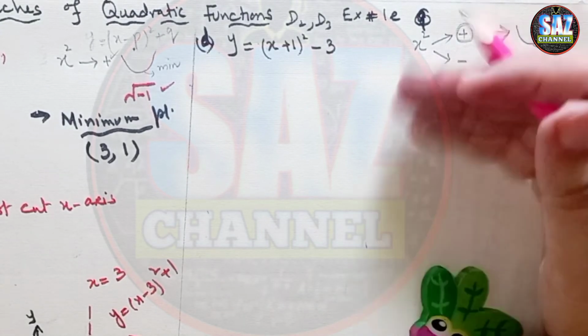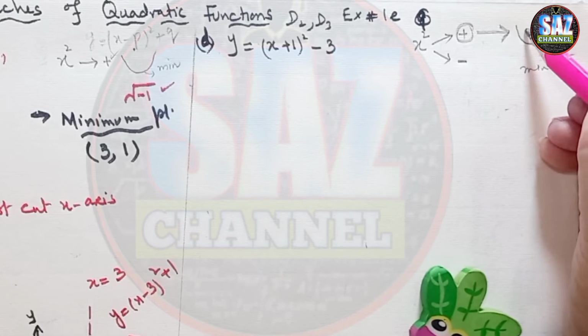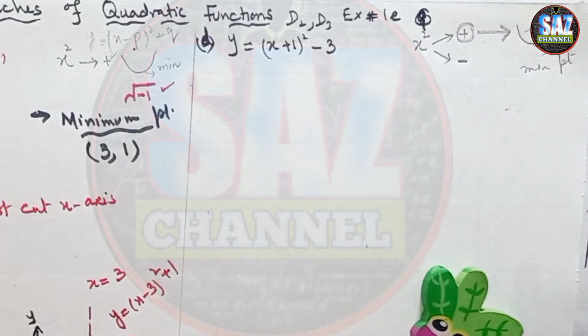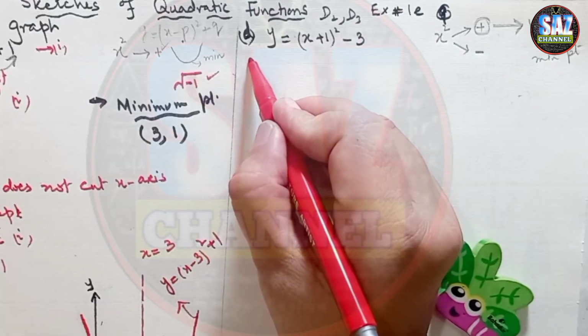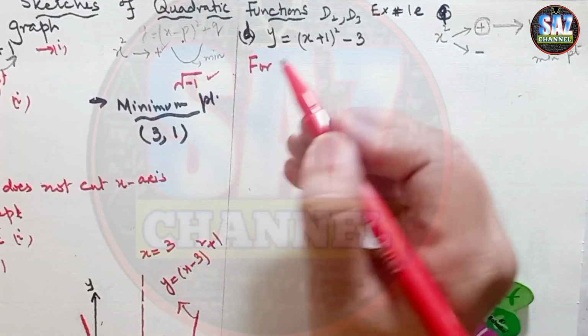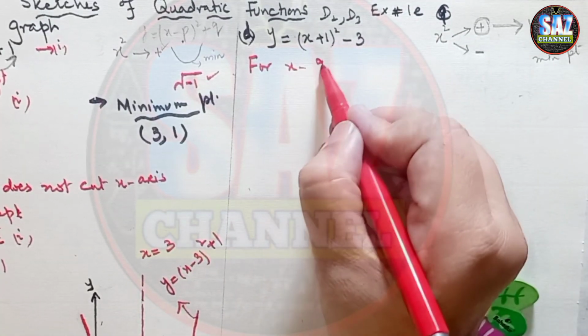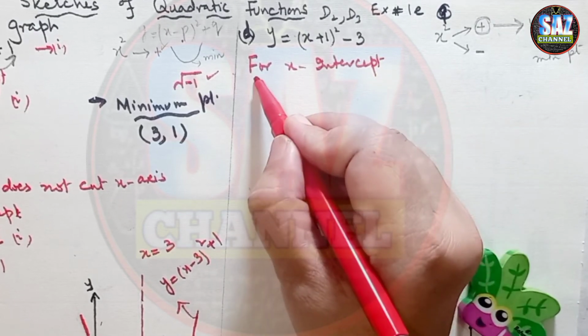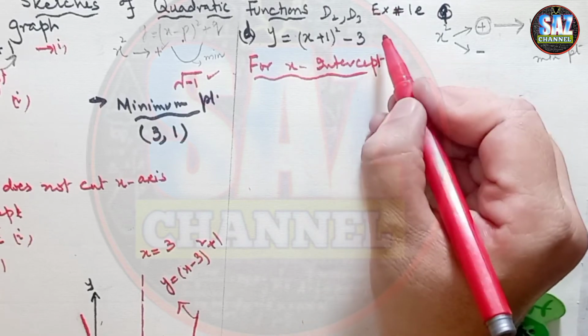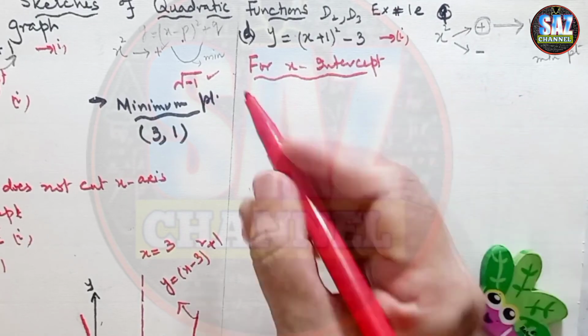And after deciding that the curve will have the minimum point and the opening upward, we have to go for the intercept. For x-intercept, what we have to do, we have to put y equals to 0 in the given equation.